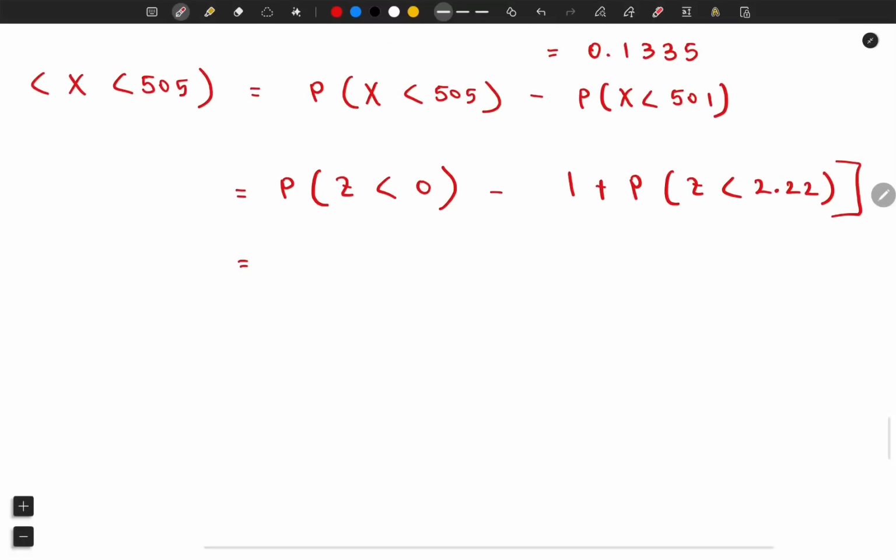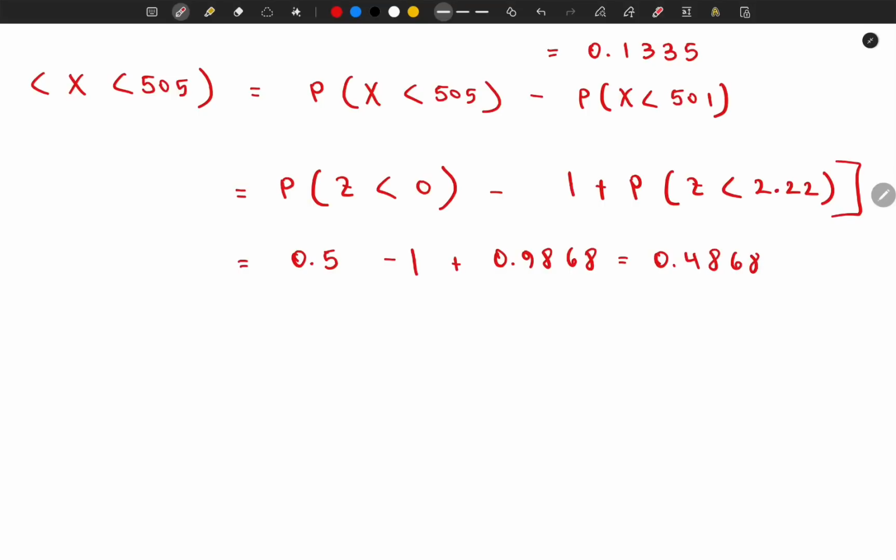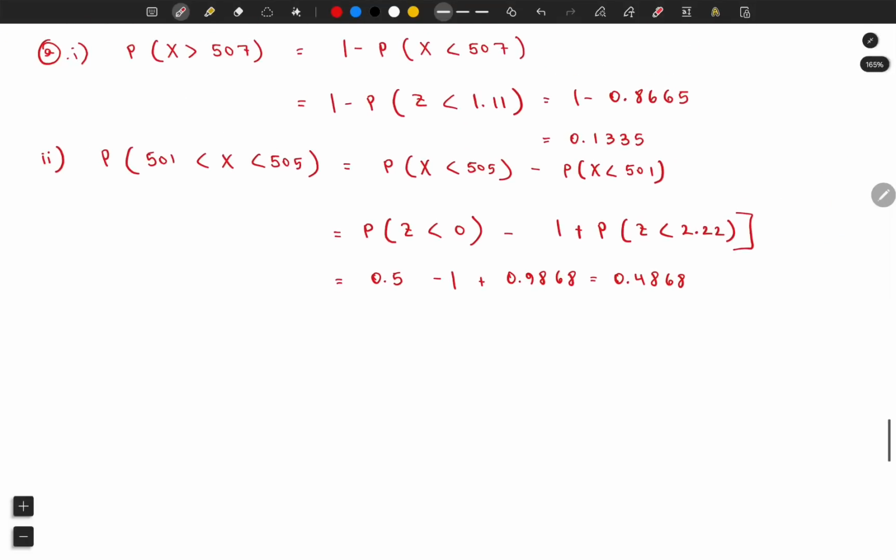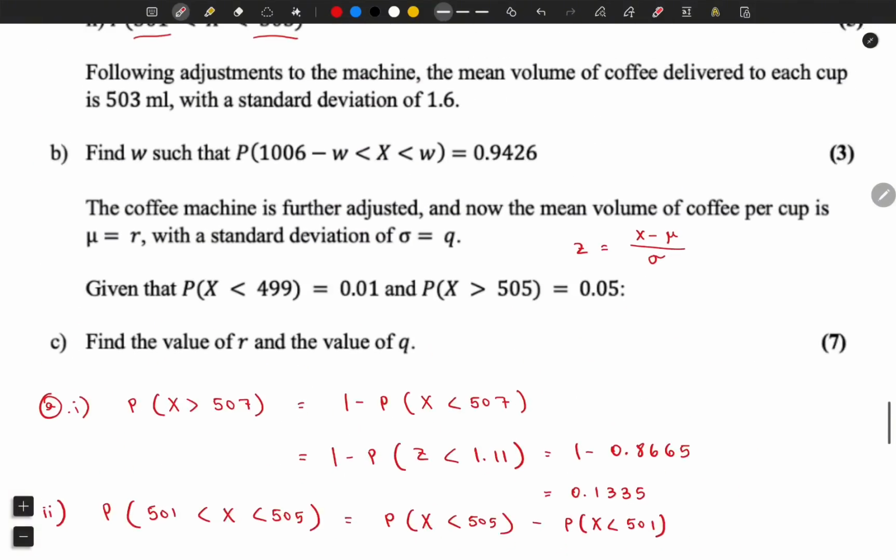So when the value of z is 0, the value of phi z is 0.5. And when the value of z is 2.22, the value of phi z is 0.9868. So this is equal to 0.4868. So that is it for this part.